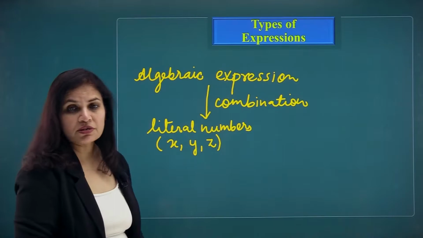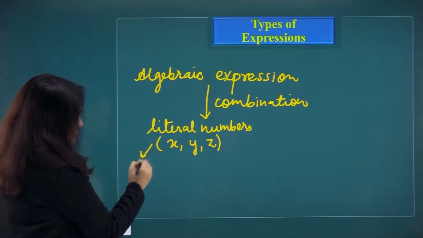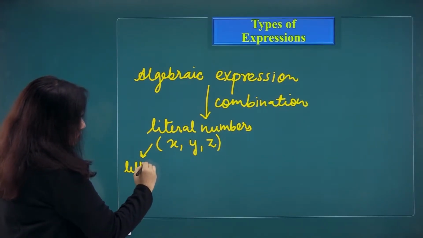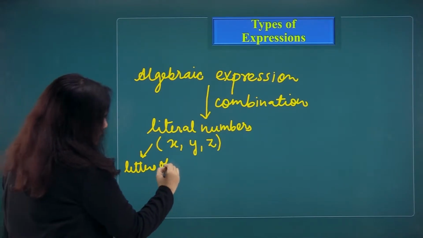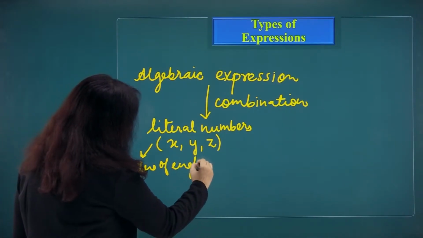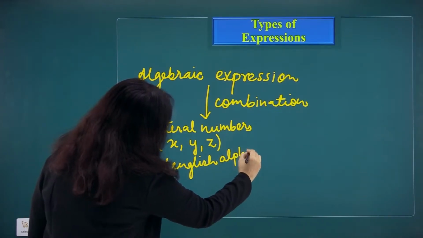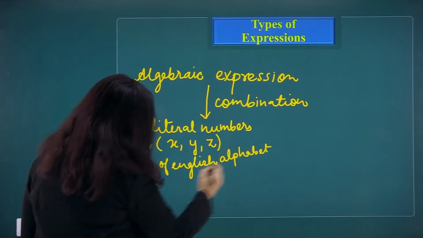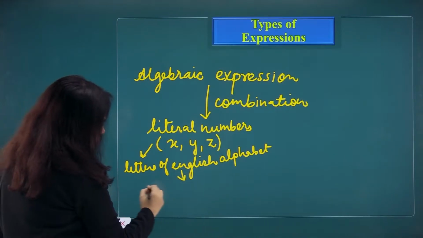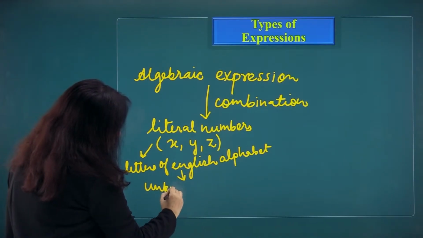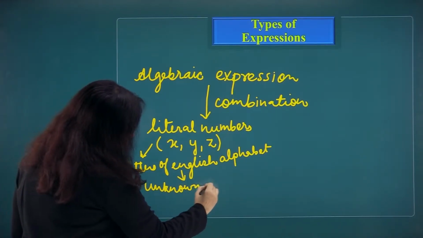So literal numbers are nothing but letters of the English alphabet and they denote unknown quantities.